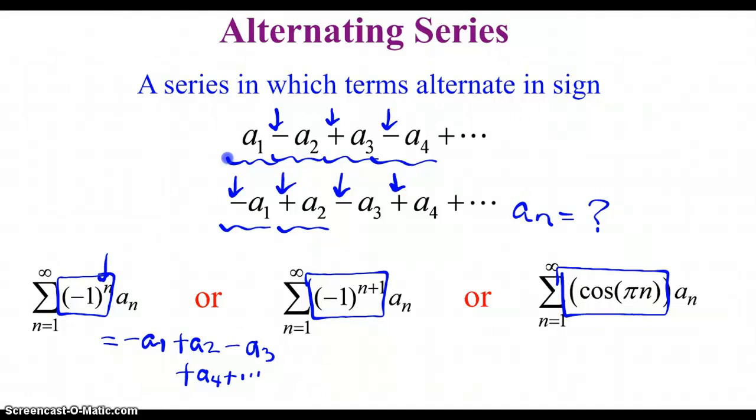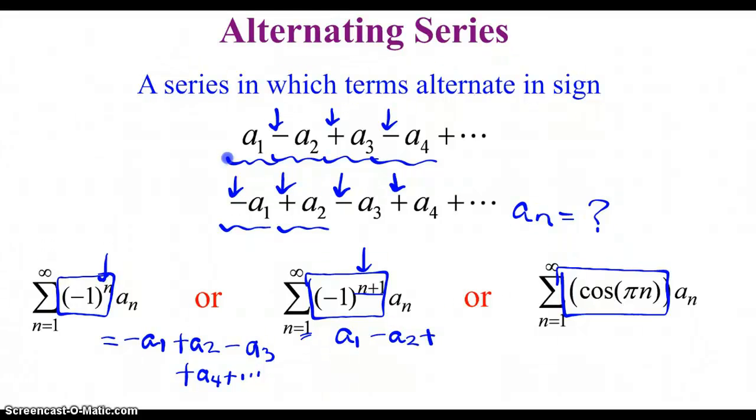Let's generate this one. We still start at n equal 1, but it's negative 1 raised to the n plus 1. This is a case where n is 1, it would be negative 1 squared, so that first term would be positive. When n equals 2, the second term, a sub 2, we would have 2 plus 1, so that would be negative 1 cubed, which would be negative.